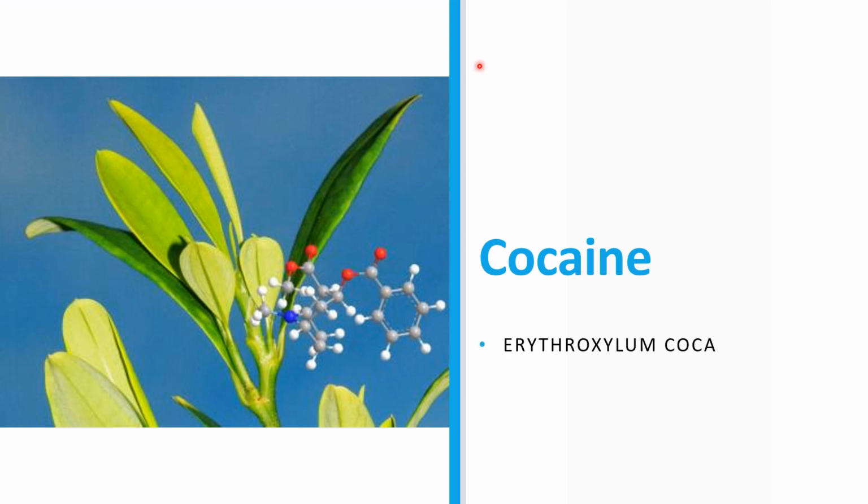Cocaine is derived from the Erythroxylum coca plant, and cocaine has been used since ancient times, and its euphoric and psychostimulant effects have been clinically recognized for over 100 years. Aside from this, it is now used as a local anesthetic, and it is also used for CNS excitation.